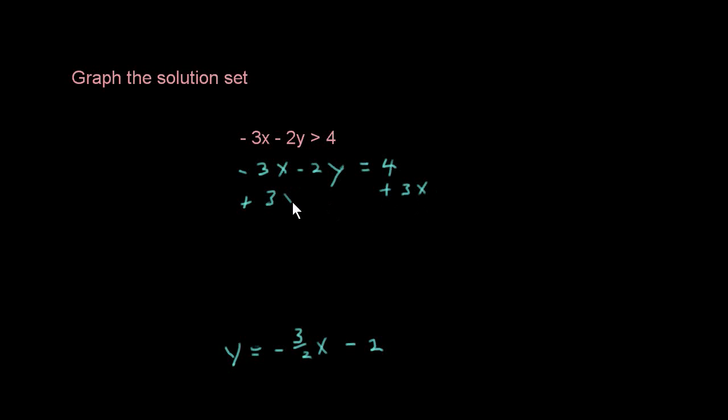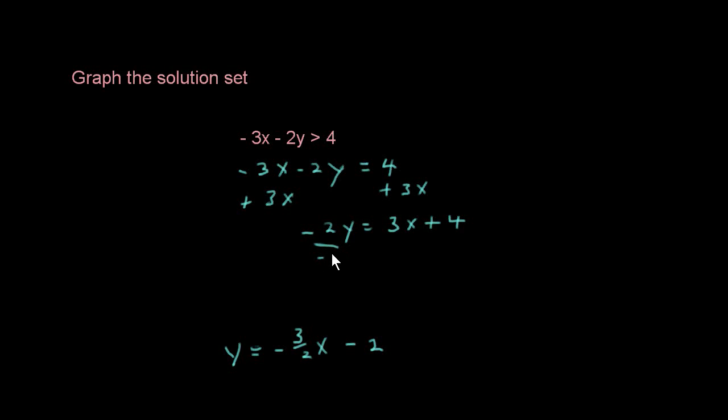The x's cancel out on the left side. We're left with a negative 2y. And let's write our variable part first here. So that'll be 3x. And then there's understood to be a plus in front of that 4. So it's 3x plus 4. Next we'll divide everything by negative 2.